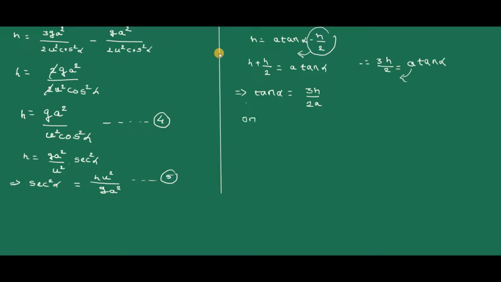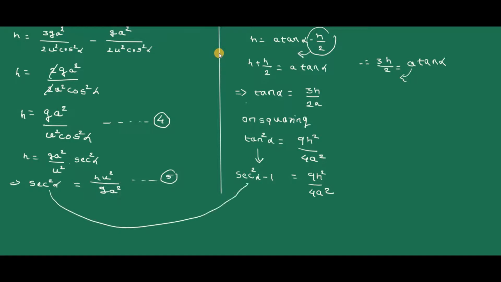On squaring, tan square alpha is equal to 9h square divided by 4a square. This tan square alpha, we can also write it as sec square alpha minus 1 is equal to 9h square divided by 4a square. Substitute the value for the sec square alpha from equation 5 here.